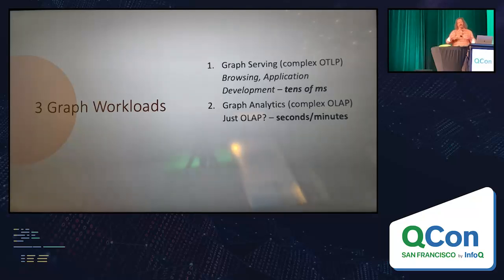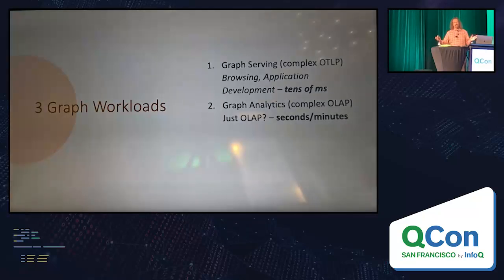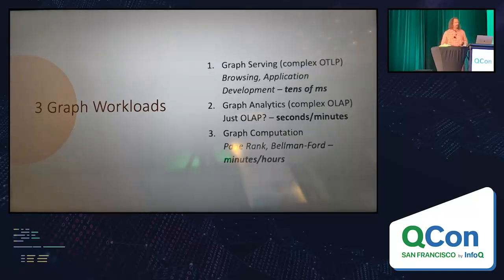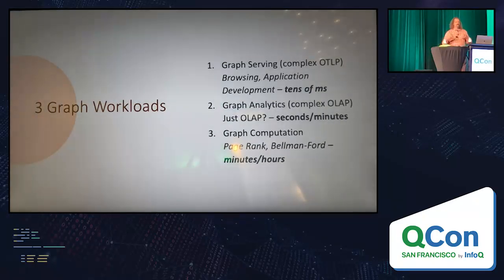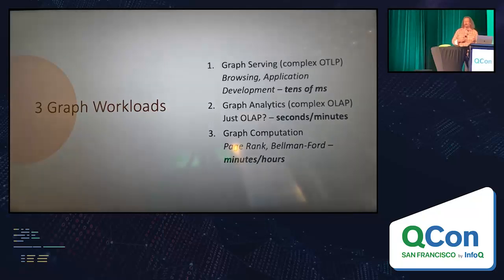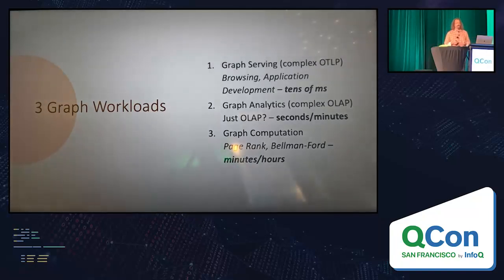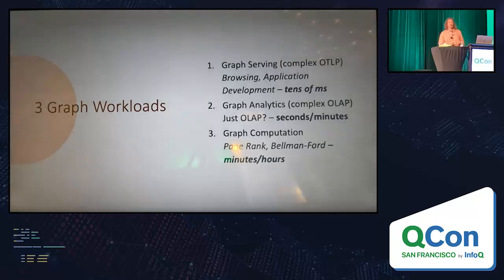So there we're looking at something that scans a whole bunch of the graph and summarizes it and it's going to take minutes probably. And then there's a third workload, which is graph computation, things like PageRank, Bellman-Ford, where I want to run an algorithm over the whole graph. And these things typically take minutes or even hours, depending on the size of the graph and the algorithm. So, what we're doing is just graph serving.